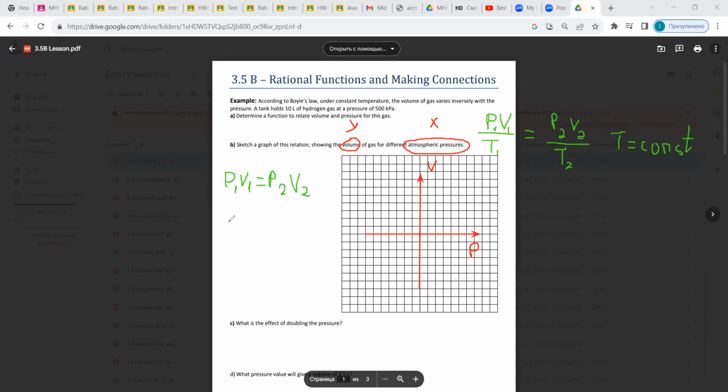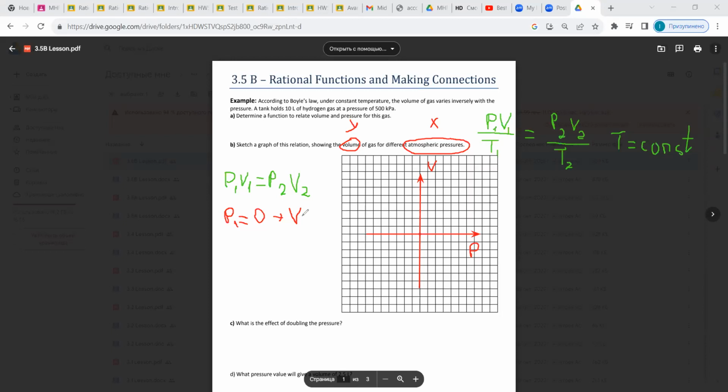So the first point, P1, we're gonna try is gonna be 0. In this case, volume of the gas according to this law. So if we're multiplying volume by pressure, if pressure is 0, no matter what value volume takes, the result of this ratio would be equal to 0.